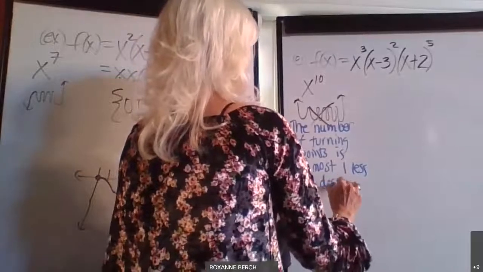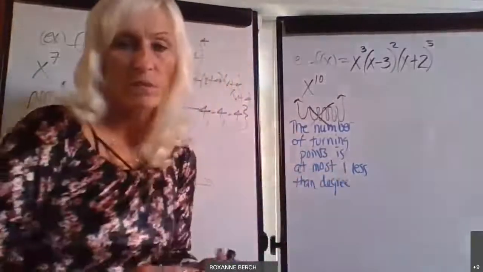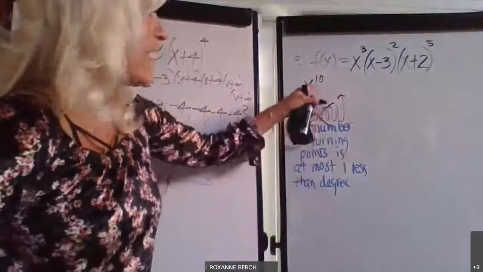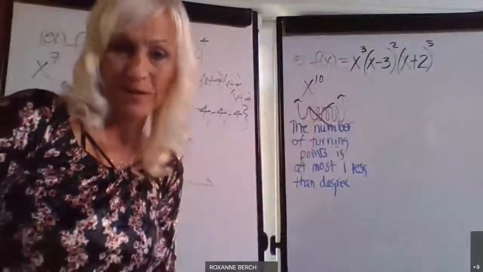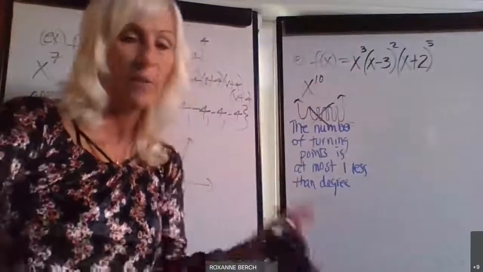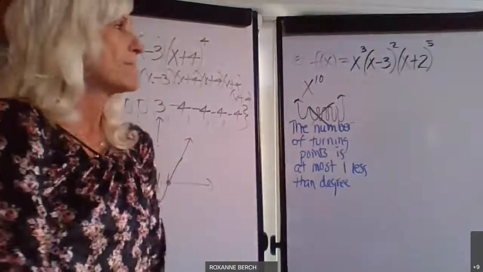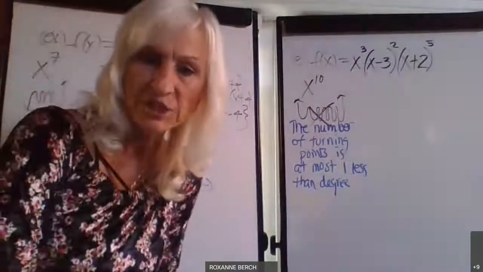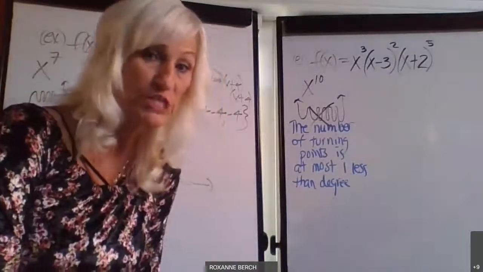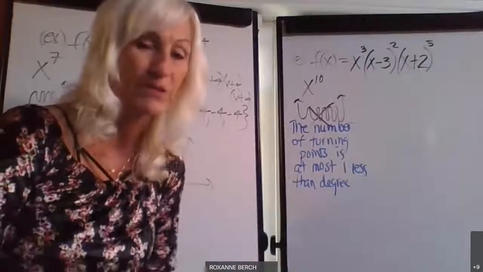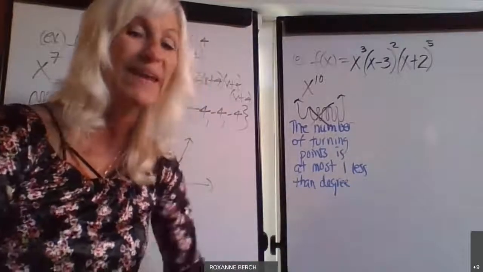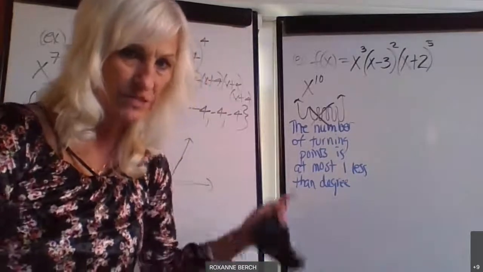What do I mean by that? Well, we have at most 9 turning points. We have 10 solutions, but we have at most 9 turning points. If you have a polynomial of degree 7, there's 7 solutions, but there's at most 6 turning points. There's at most 6 waves. There could be less, but there's at most 6.